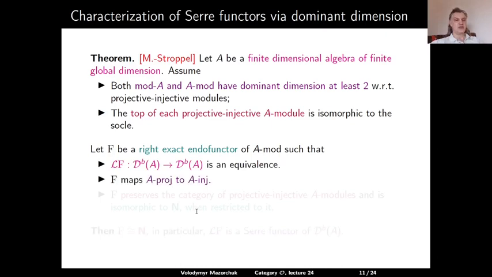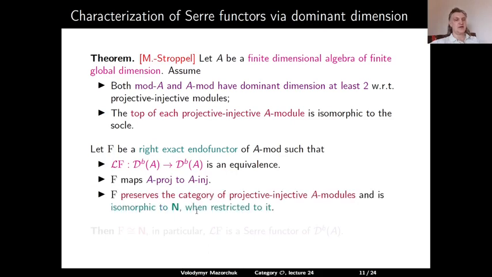F maps projective A modules to injective A modules, and F preserves the category of projective injective A modules and is isomorphic to the Nakayama functor when restricted to this category. Then F is isomorphic to the Nakayama functor. In particular, the left derived of F is a Serre functor on DBA.